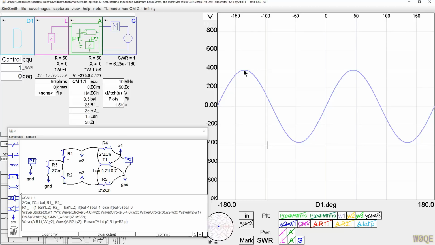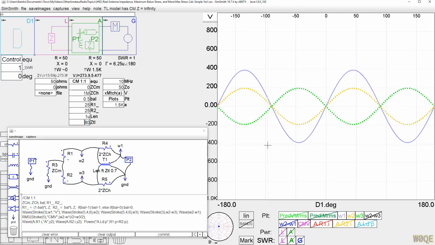And this is the peak values of that voltage. This is what's impressed on the balun right here between W1 and ground, which is what W1 plots. And then W2 is the output here, and W3 is the other side. These two voltages, when added up, give me the same voltage I put into the balun. It's a 1-to-1 balun. It's of length 1/1,000,000th of a foot long, so it doesn't matter what impedance I use for the balun.